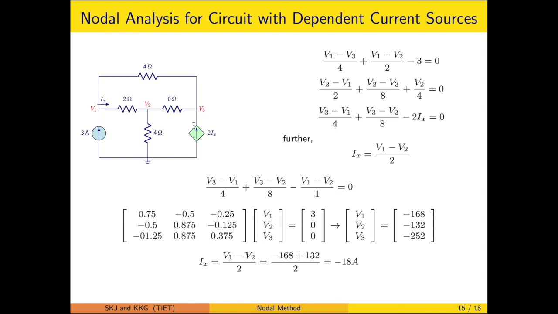And the second point, we cannot simply write this matrix form by inspection, because we have to manipulate depending on the dependent source, on the controlling variable and the controlled variables. So you are encouraged for such questions to write the equations first in a systematic approach, then compile them into the matrix form and go for the solution.